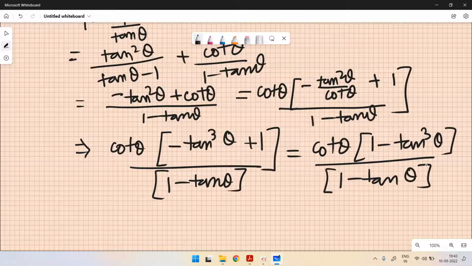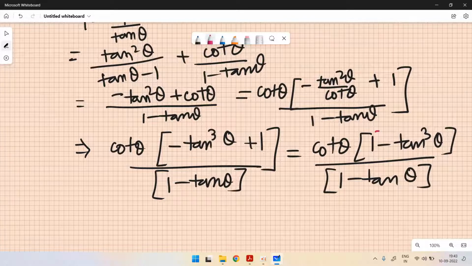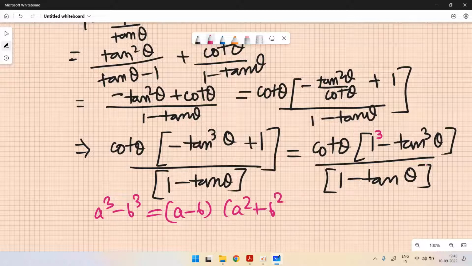And you know 1 cube is 1, so I can write this 1 as 1 cube. Now you know that a cube minus b cube is a minus b times a square plus b square plus ab.